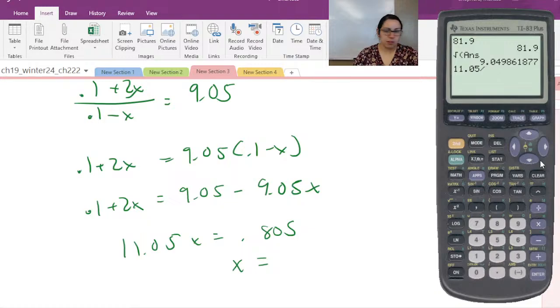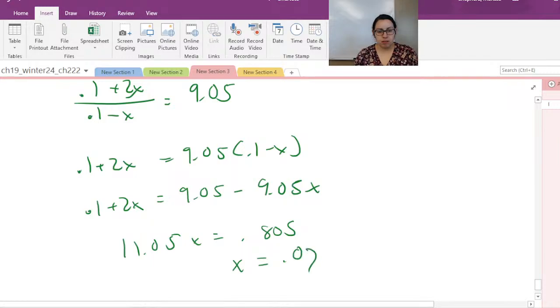Oops, sorry, did that the wrong way. So do we get 0.0729 or so for x?